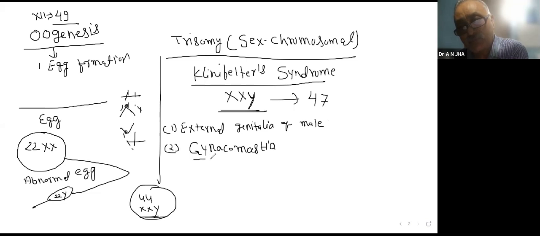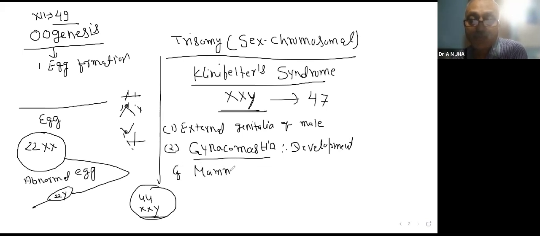Gynecomastia is a technical word. Just write down: development of mammary gland in the male is called gynecomastia.